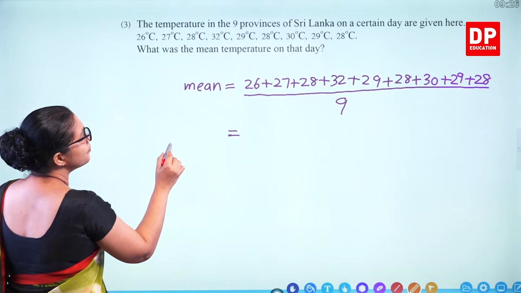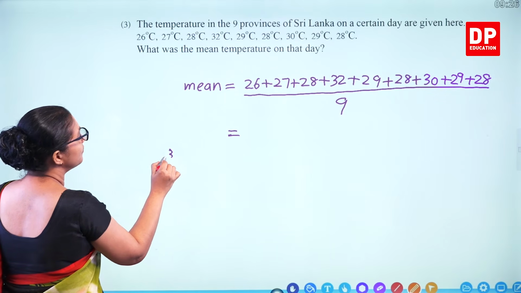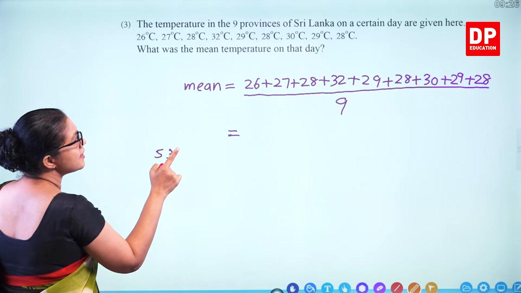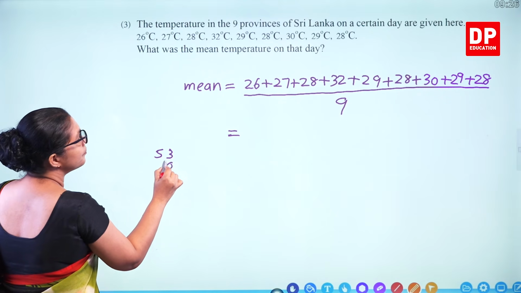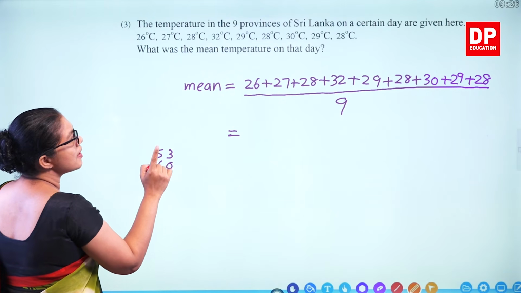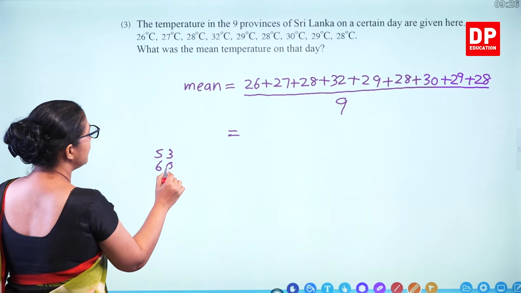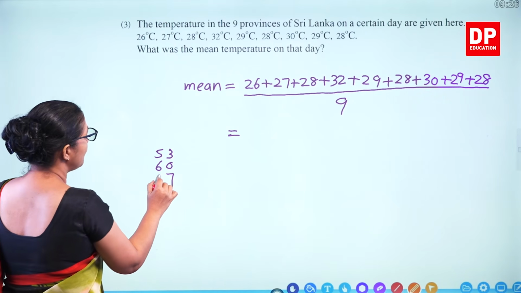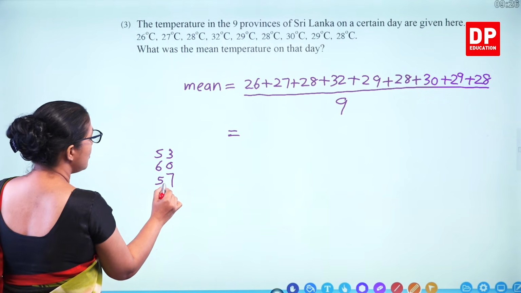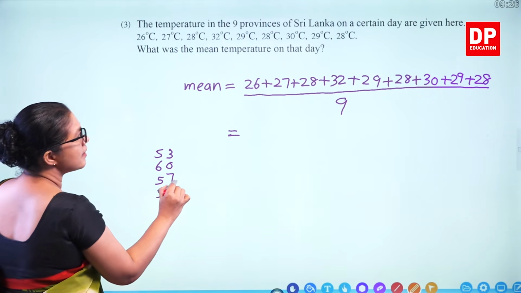First 2, 53. 28 and 32, 60. 29 and 28, 57. And 30 and 29, you get 59.